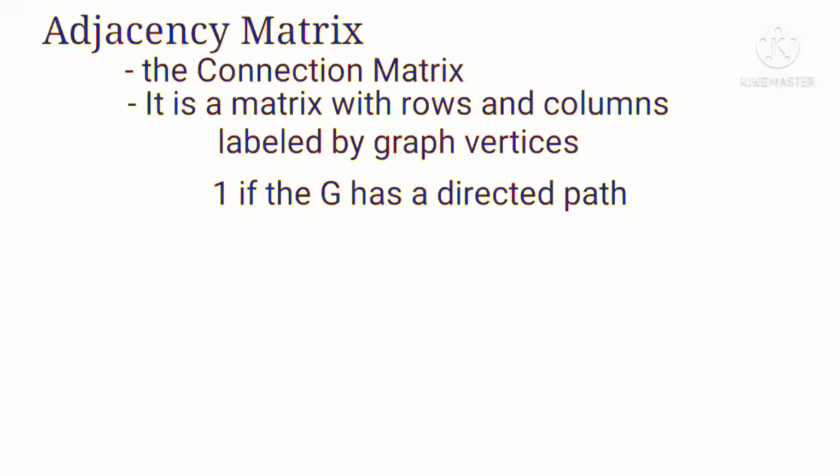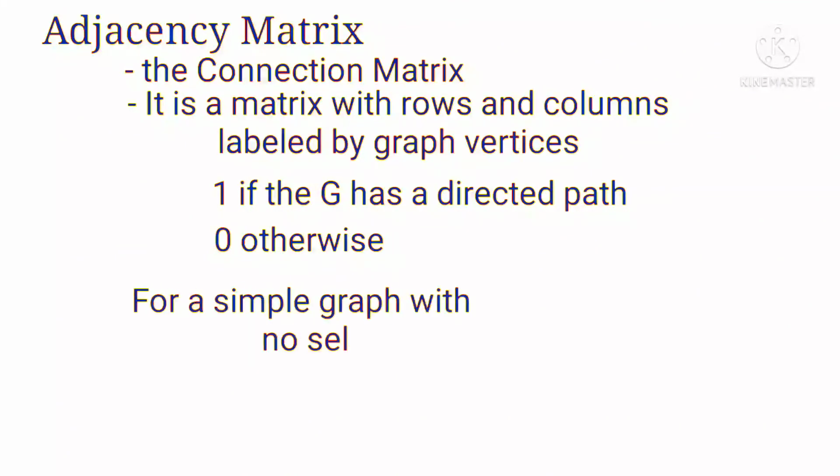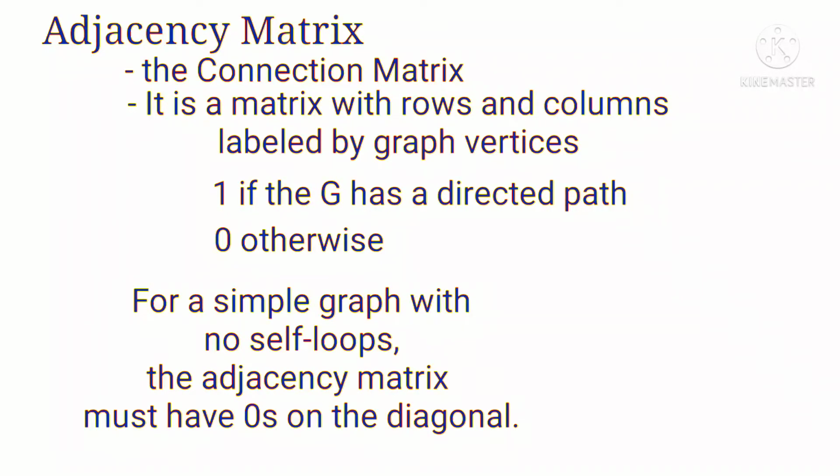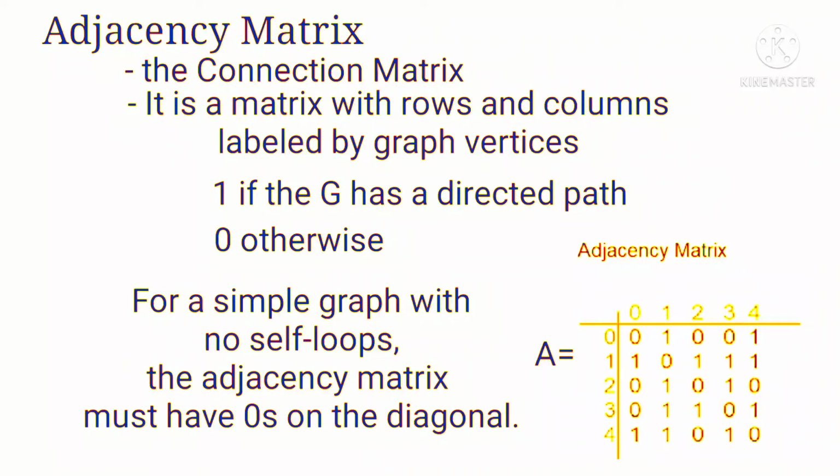It is 1 if G has a directed path and 0 otherwise. For a simple graph with no self-loops, the adjacency matrix must have zeros on the diagonal. A self-loop is an edge of a graph which starts and ends with the same vertex. This is the form of an adjacency matrix.